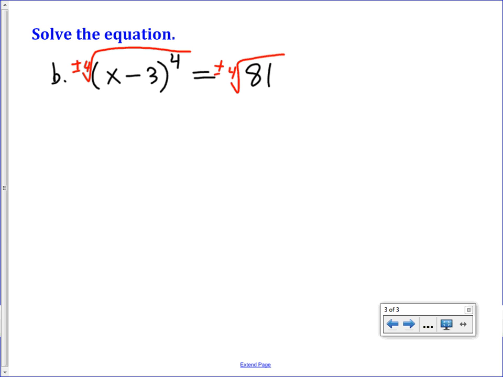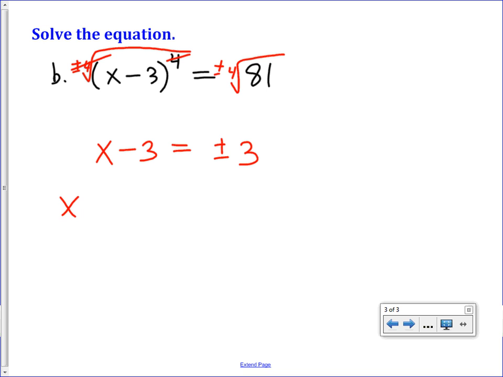The fourth root and the fourth power will cancel out. And now you can drop the parentheses. All you have over here is an x minus 3. Equals, we know from our previous slide that the plus or minus fourth root of 81 is plus or minus 3. At this point, we really need to break it into 2 equations, all right? Because now we're going to add 3 to the other side, but the other side has 2 completely different numbers on it.